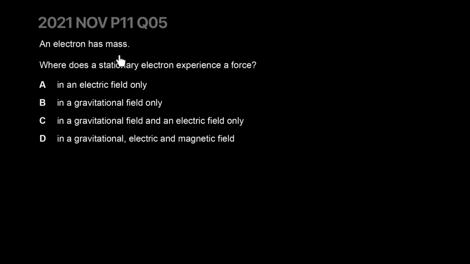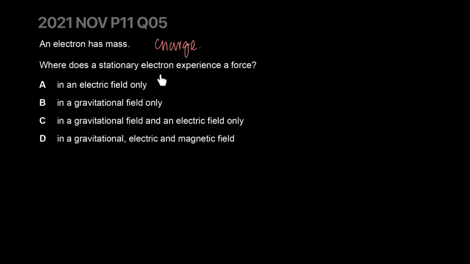An electron has mass, but it also has charge, right? So essentially, an electron has a charge and a mass. That's the only two things an electron has, at least for the A-level syllabus, O-level syllabus, below the A-level syllabus, so whatever we care about.